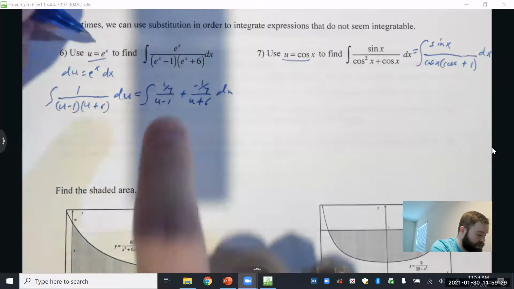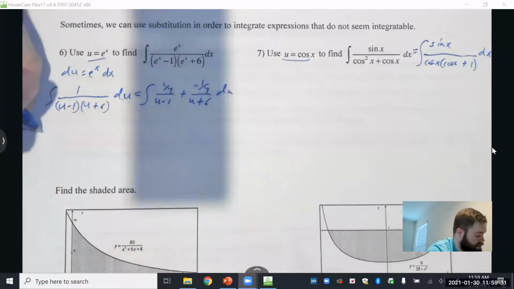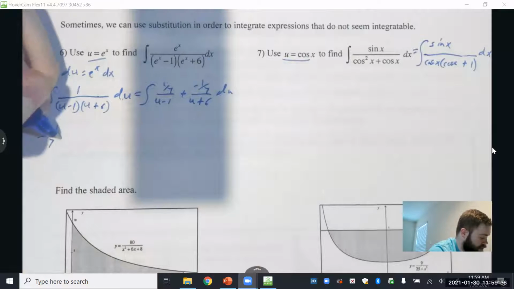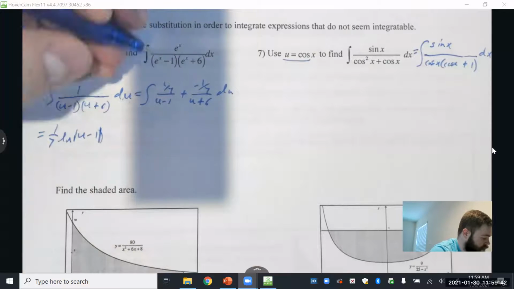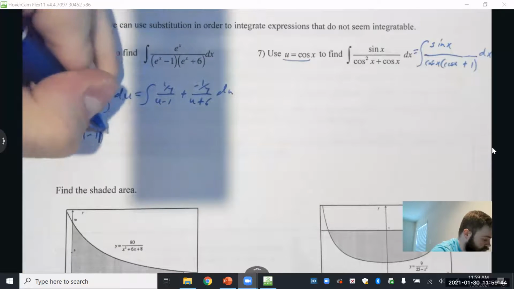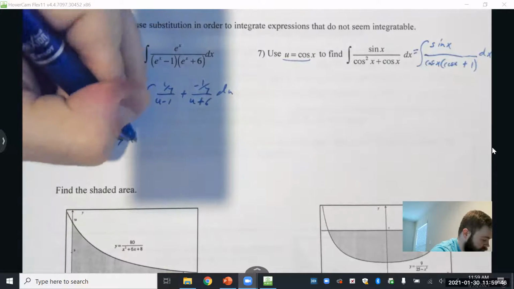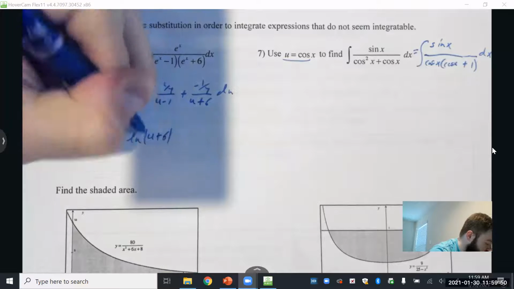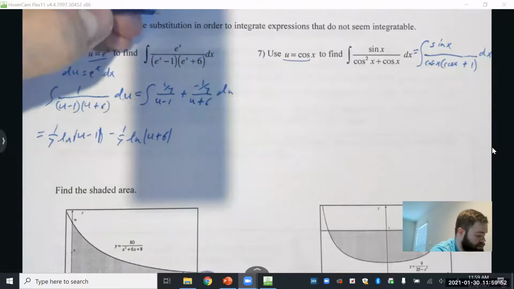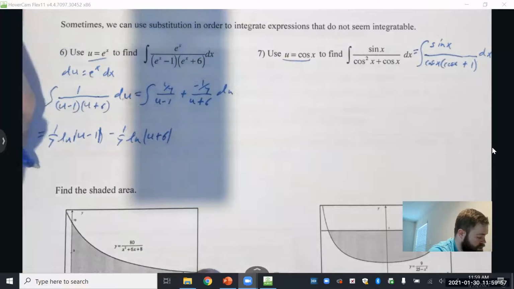Okay, so now we have that. It would now become 1/7 natural log of u minus 1, and then minus 1/7 natural log of u plus 6. Let's combine those.